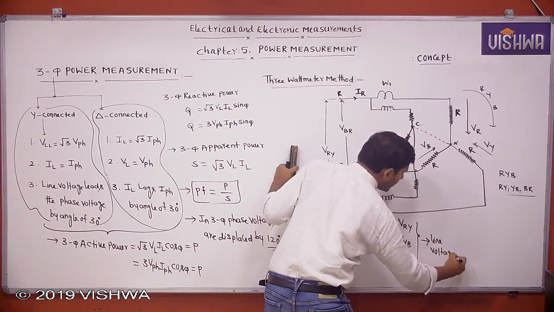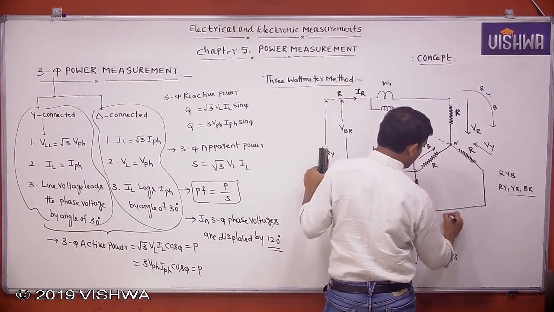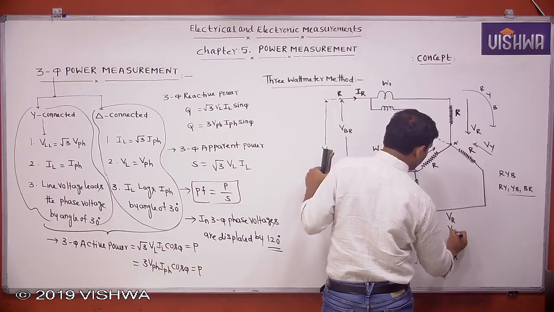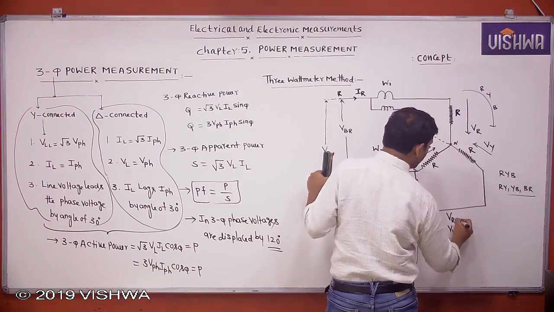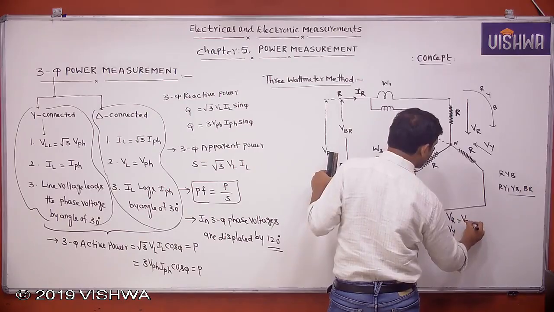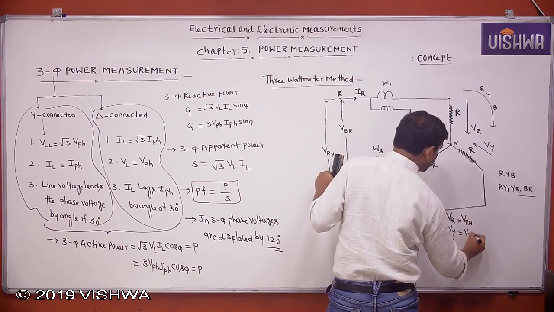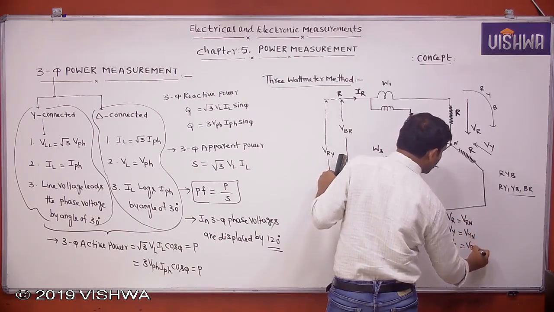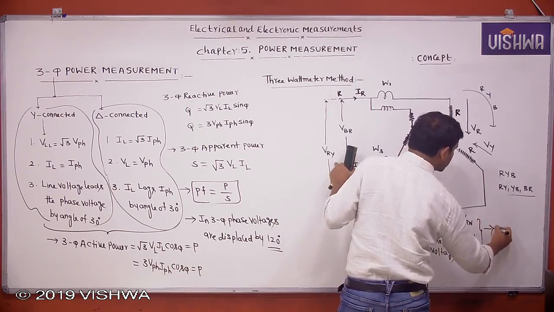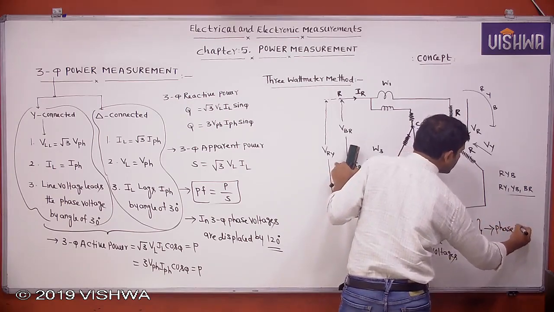These are taken as line voltages. VR, VY, VB, or VRN, VYN, VBN, these are taken as phase voltages.